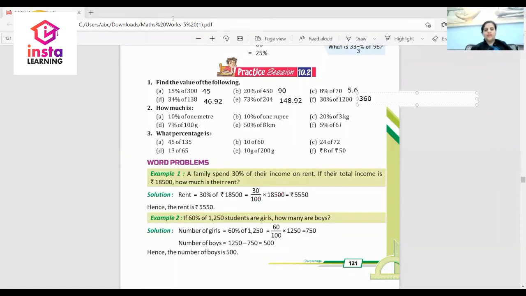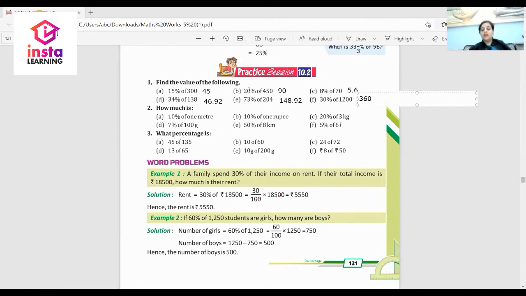So students, we have come to exercise 10.2. In that, we have to take out 15% of 300. If we want to take it out, you have to do 300 divided by 100, and then whatever the answer is, of means multiply, so you have to multiply with that. When we divide by 100, the answer will come 3. 15 3s are 45.